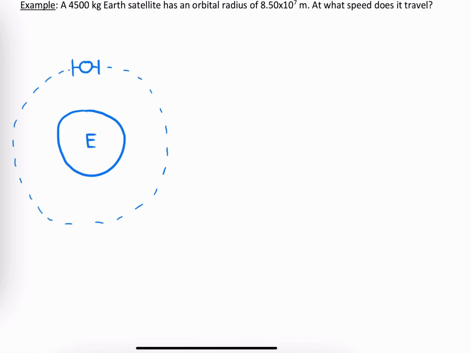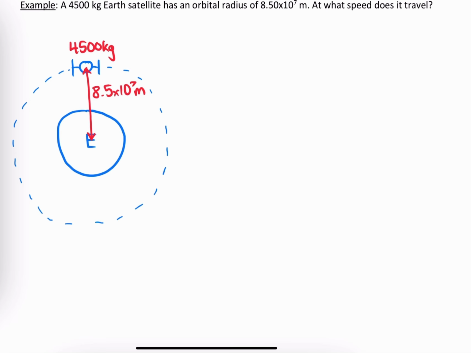That dotted line is the orbit, and the radius of that orbit is called the orbital radius, as we discussed before. And that orbital radius is 8.5 times 10 to the 7 meters. And this satellite is 4,500 kilograms. We want to know the speed it is traveling at?